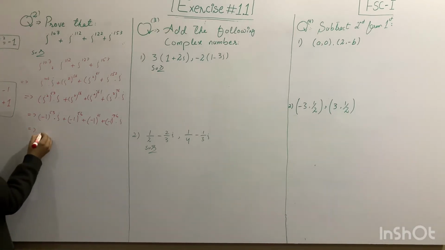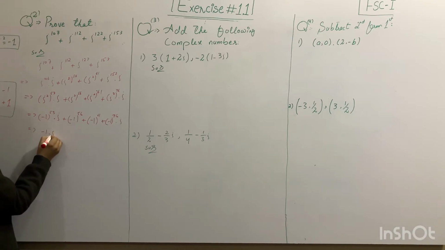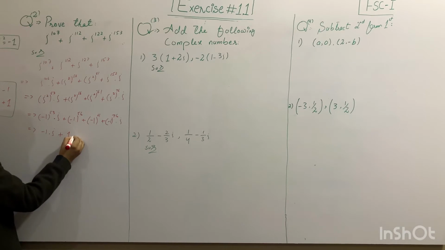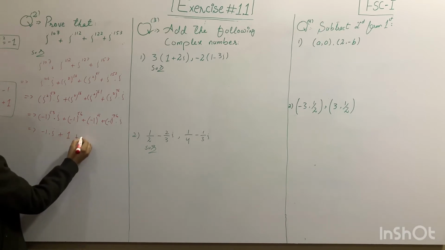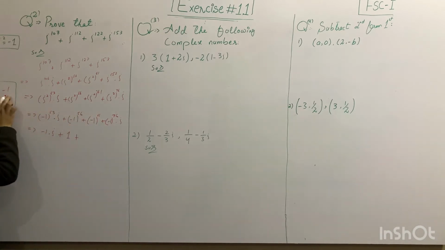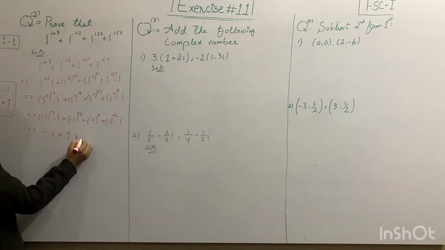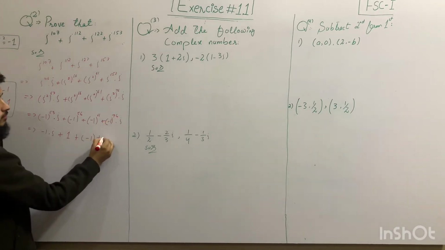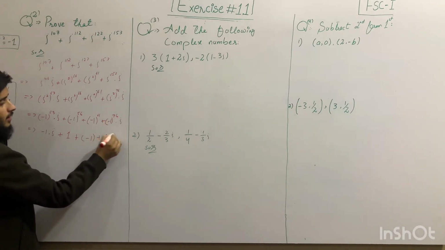Now, on solving, it will give me minus 1 dot iota plus 1. However, this is again equal to minus 1 because the power is odd, and we know that on odd it gives me minus 1. And here the power is even, so it will give me plus 1 iota, right?